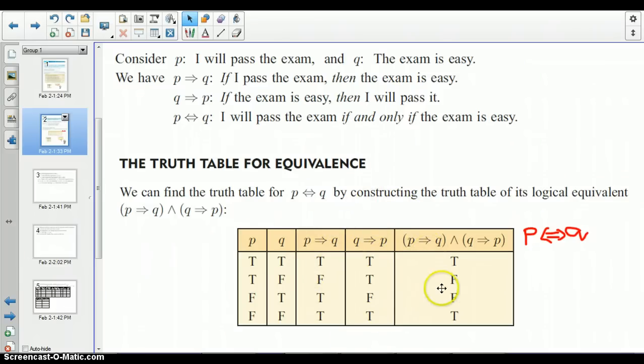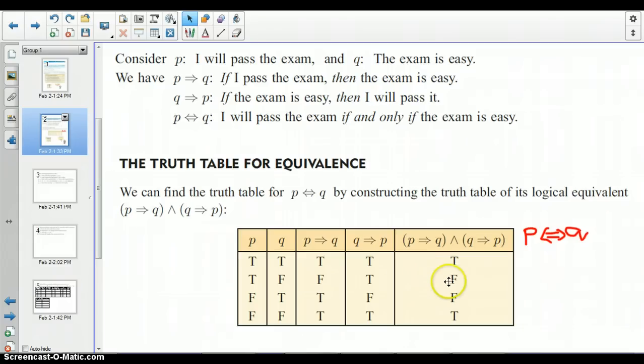And here's the conjunction. If P, then Q, we know that was true right here in this situation. And if Q, then P, that was true in this situation. Remember, when we have a conjunction, both values have to be true. So our conjunction remains true here.